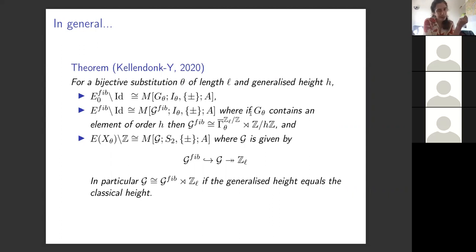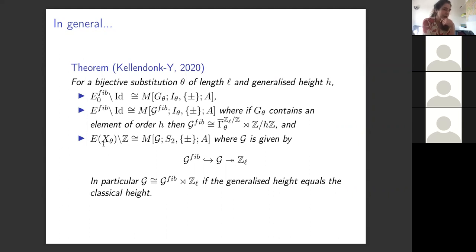But we can only give you an explicit description if we assume that the structure group has an element of order H. Then G fib, the structure group here, is going to be the normal closure of gamma theta to the power of L adic mod Z, semigroup with the height, Z mod HZ.